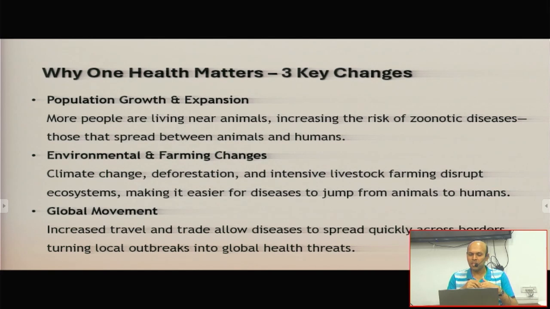Then intensive livestock farming sometimes disrupts ecosystems, making it easier for disease to jump from animals to humans. So if you are in a crowded environment, then the risk of transmission is also very high, right? I don't have to tell you.